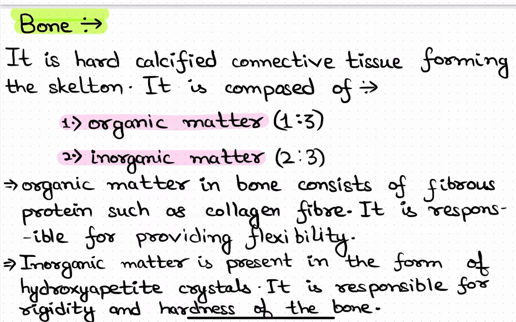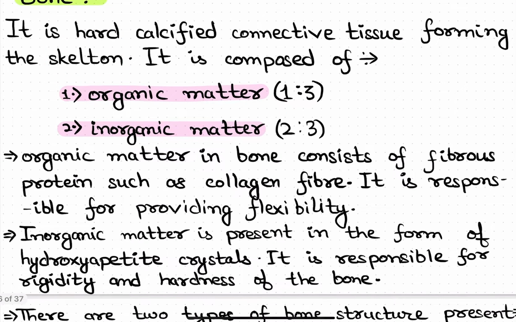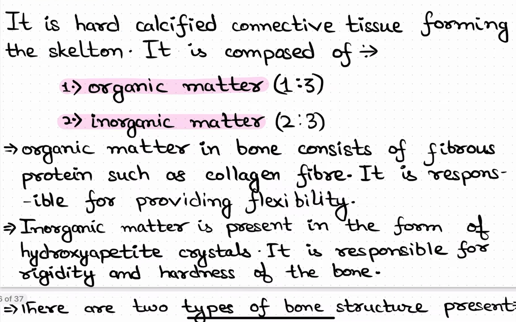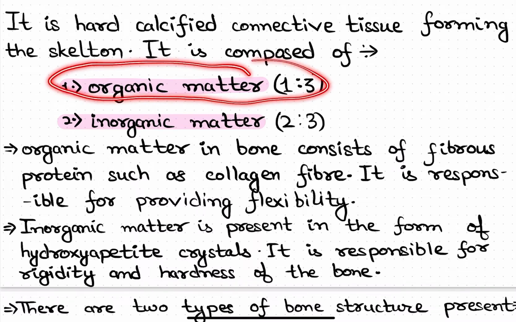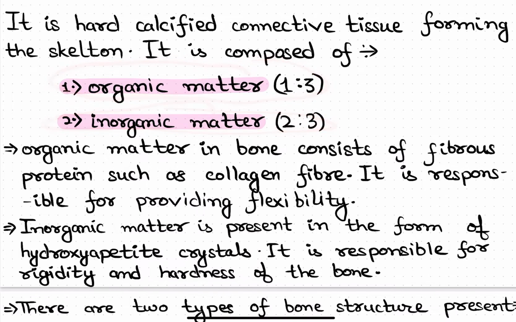But you have to know that it is a connective tissue which forms the skeleton. And what is the composition of bone? So it consists of certain organic matter and certain inorganic matter. You have to remember that inorganic matter is present in more quantity than organic matter. The ratio of organic matter is 1 to 3 and of inorganic is 2 to 3.